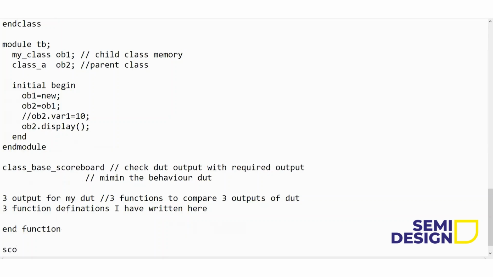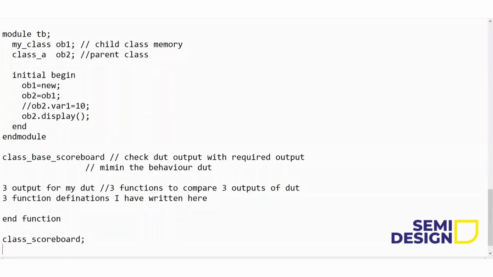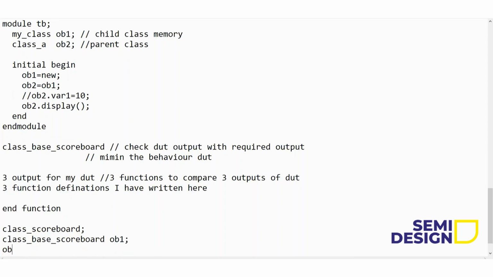This is my another scoreboard class, which I am also writing. Inside this class I know there are these three functions, and I have to use them to compare the three outputs of the DUT. So I will be creating an object of class base scoreboard, object 1, equal to new.